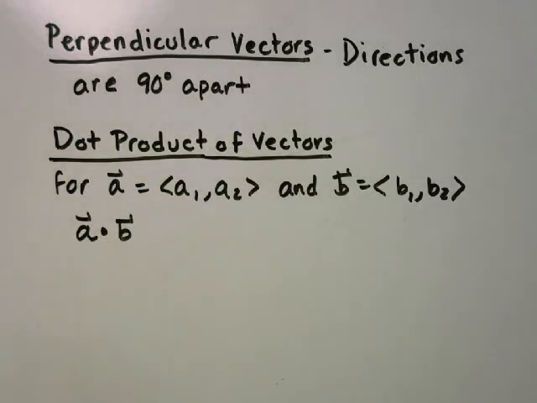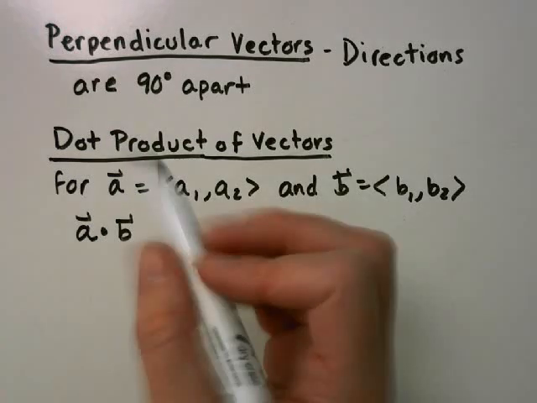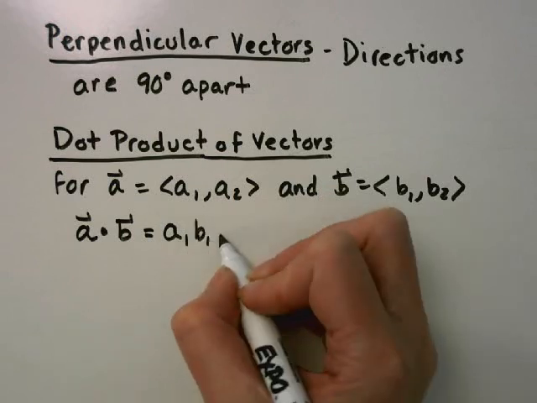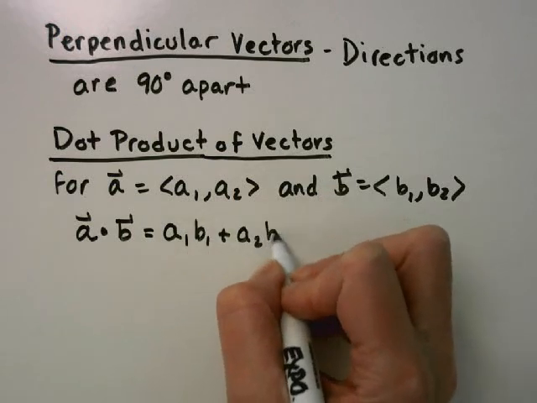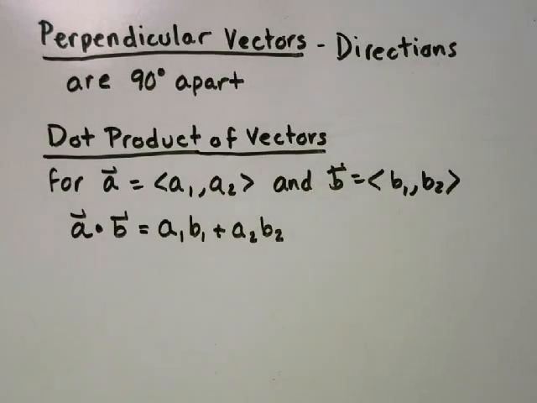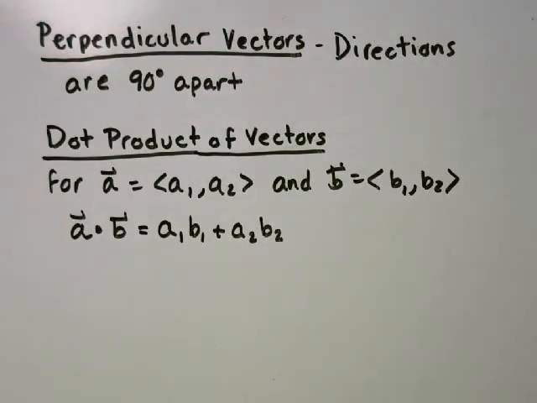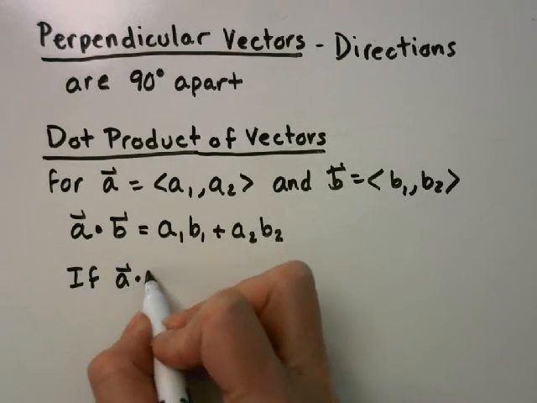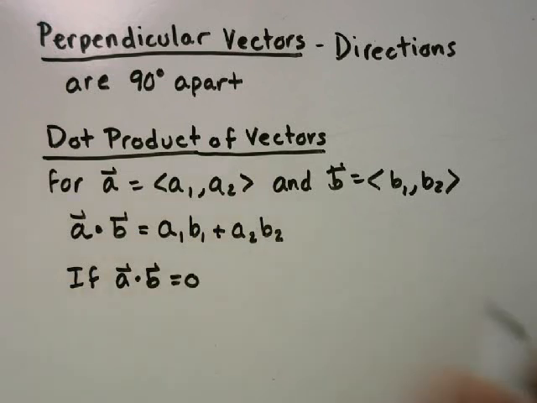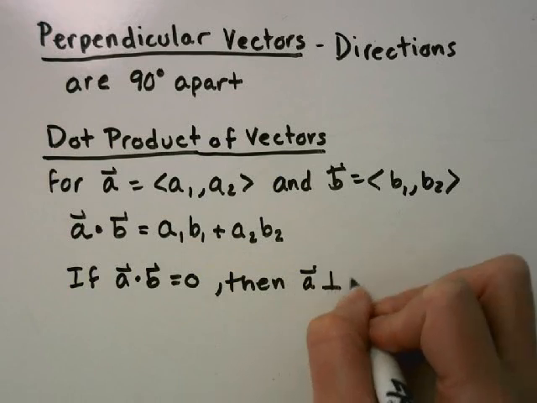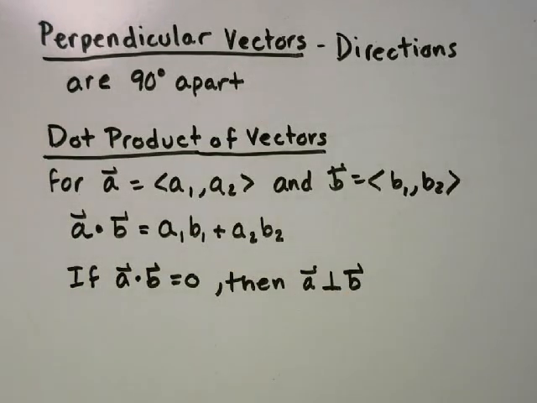The notation for a cross product is an x, like in multiplication. It's a simple calculation: A1 B1 plus A2 B2. There are many uses for the dot product, especially as you get to higher level mathematics. But for our purpose, if A dotted with B is equal to 0, then our vectors are perpendicular.